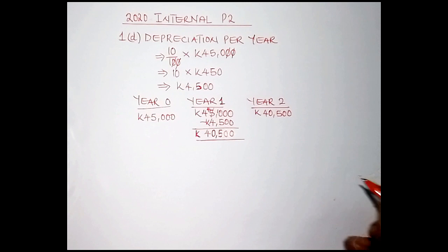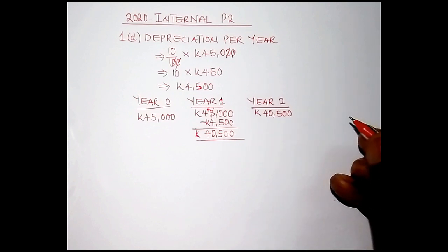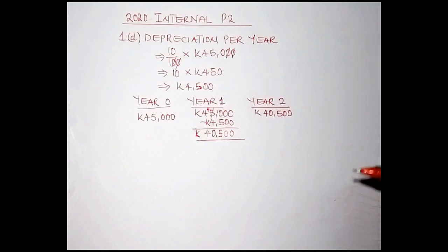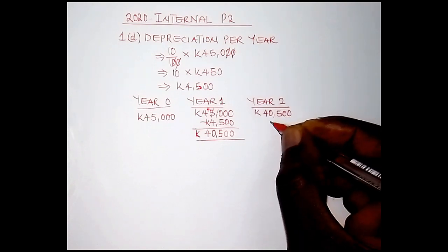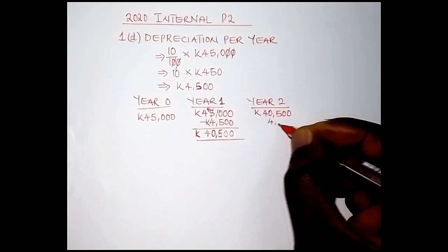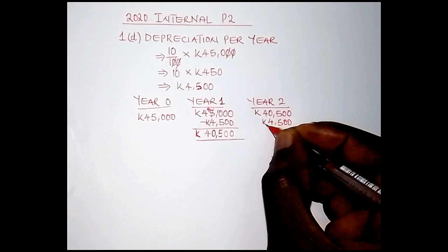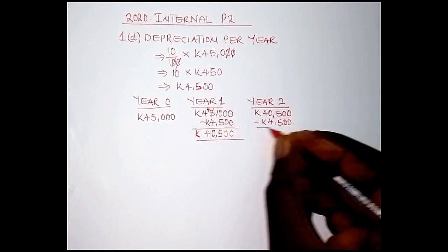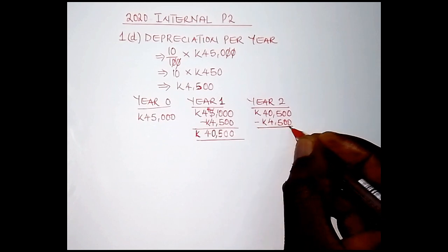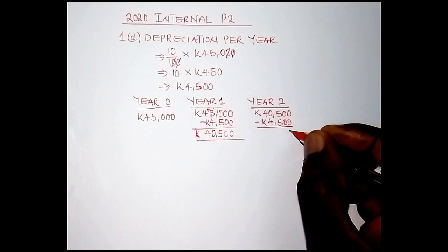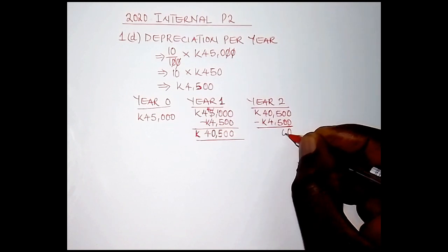And that 40,500 is going to be reduced by the 10% of the original cost, which is 4,500. So we need to subtract these two.